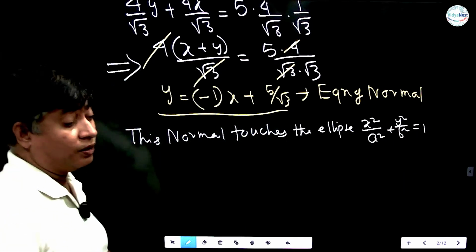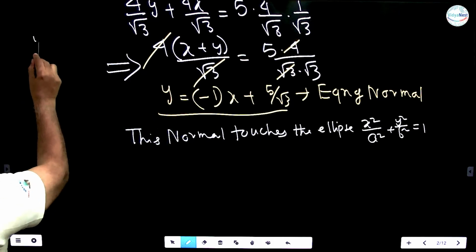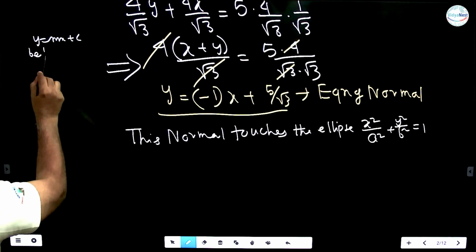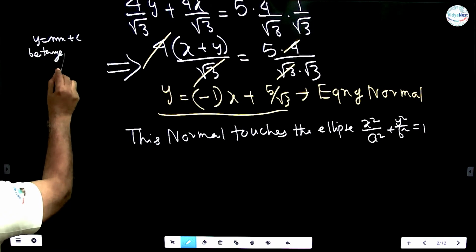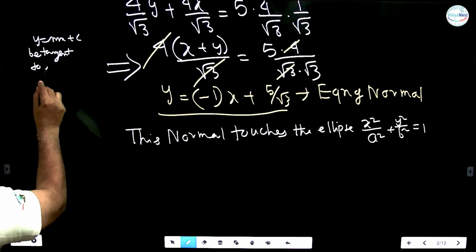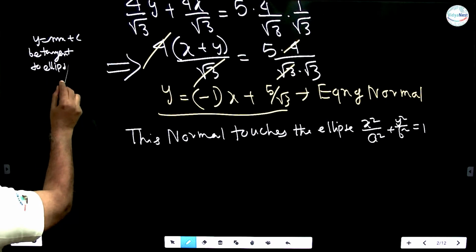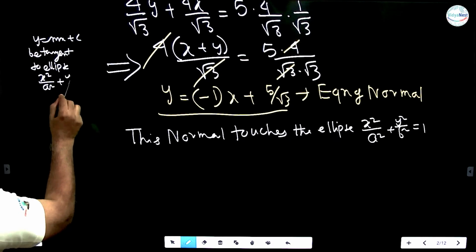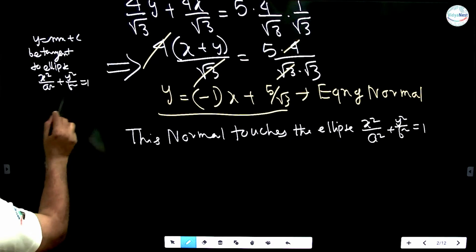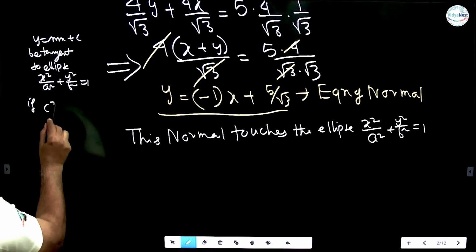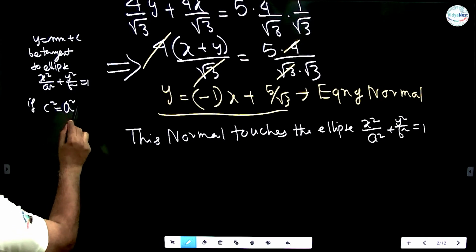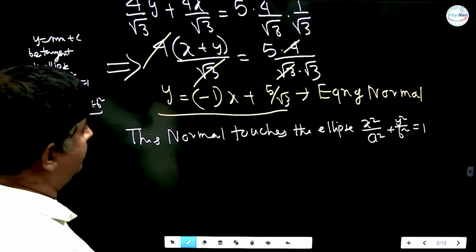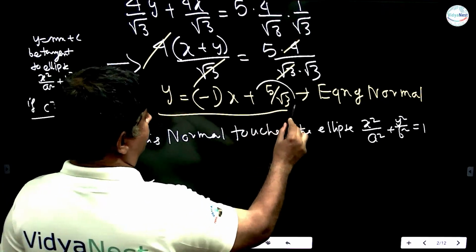What is the condition of tangency? y is equal to mx plus c be tangent to the ellipse. So here c is what? 5 by root 3.